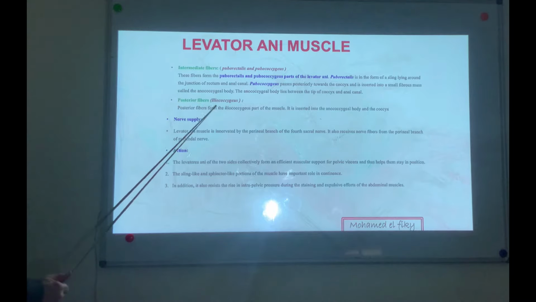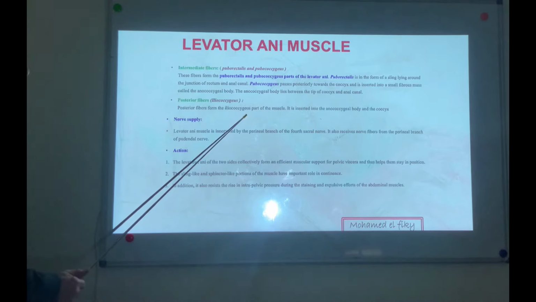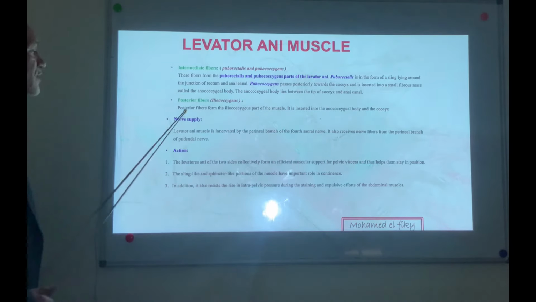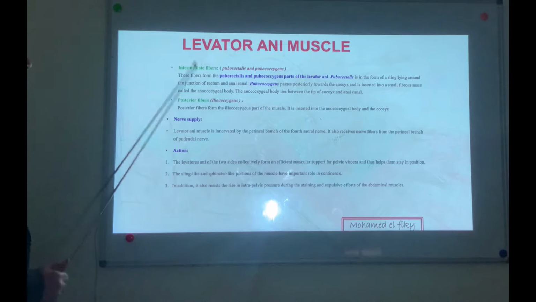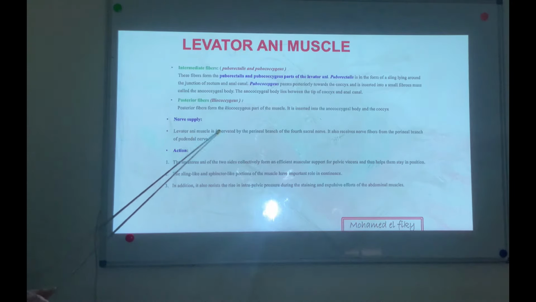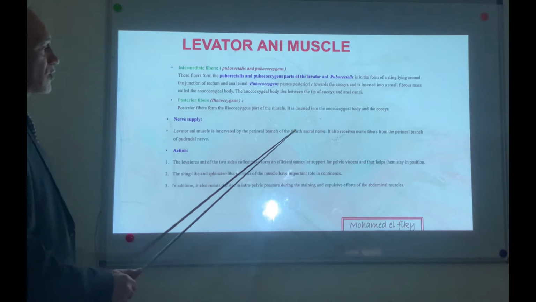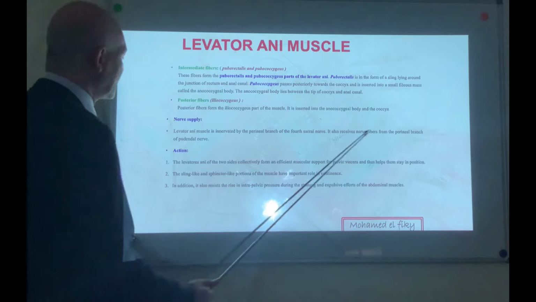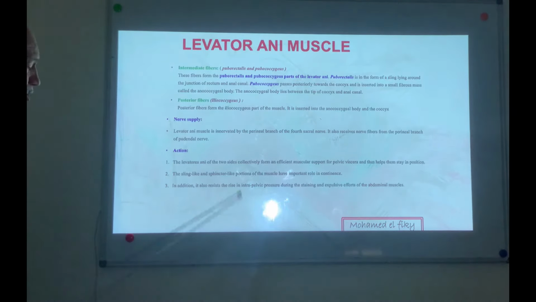Posterior fibers, the iliococcygeus muscle, are inserted into the anococcygeal body. Nerve supply: this muscle has a double nerve supply from the superior surface and inferior surface, innervated by the perineal branch of the fourth sacral nerve. It receives nerve from the perineal branch of the pudendal nerve on the lower surface.